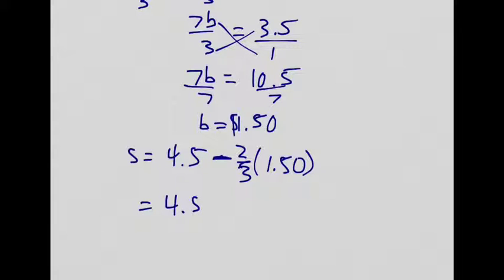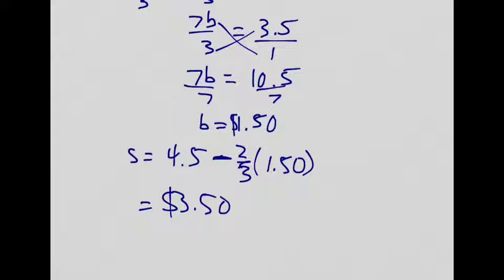What does that work out to? So it's 4.5 minus 1, so 3.5. That makes more sense because stew would cost more. So $3.50 for a cup of stew and $1.50 for a piece of bannock.